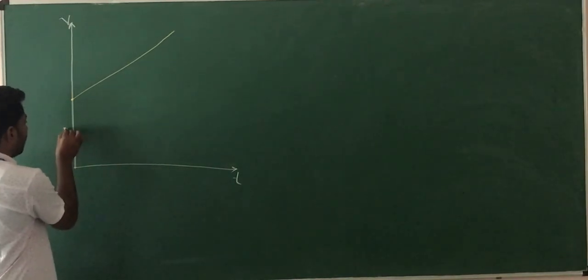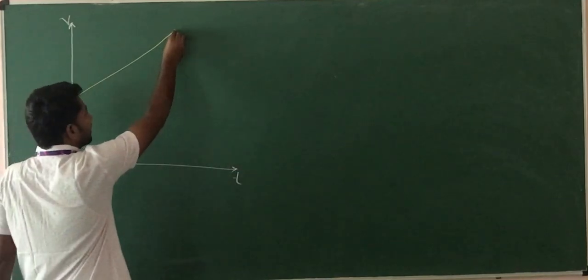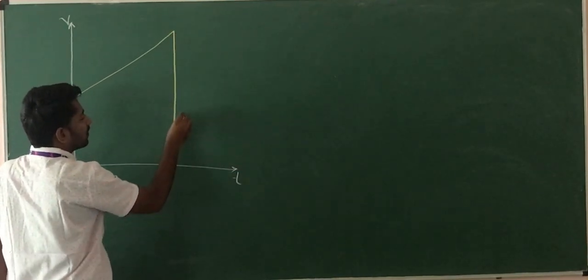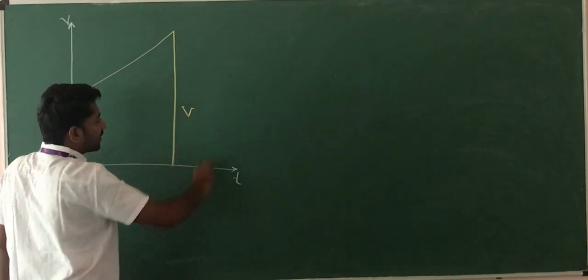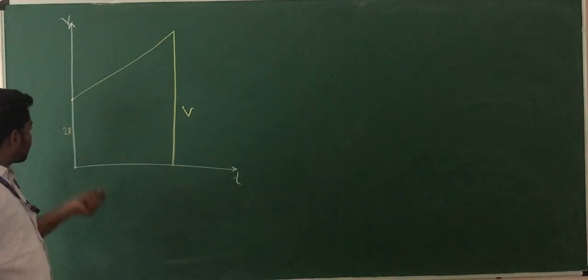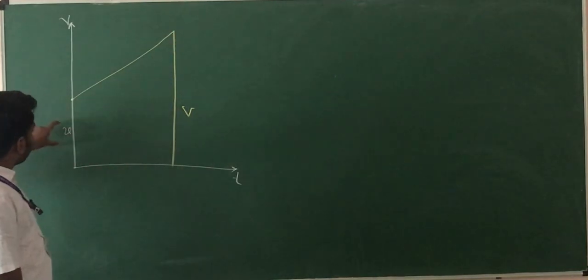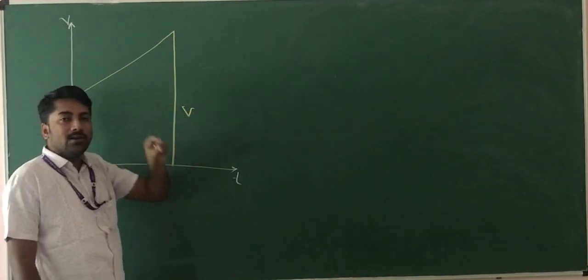Here u is the initial velocity and v is the final velocity of the body. When this body moves with the uniform acceleration, u is the initial velocity and v is the final velocity.